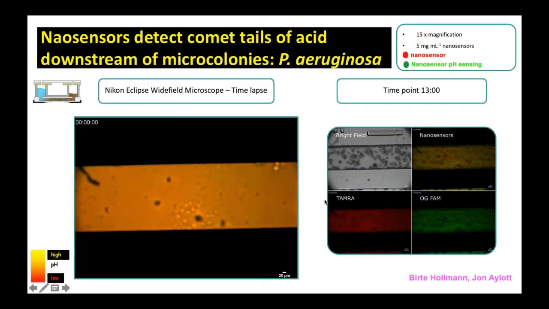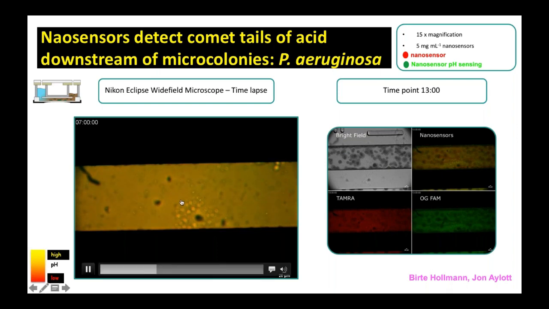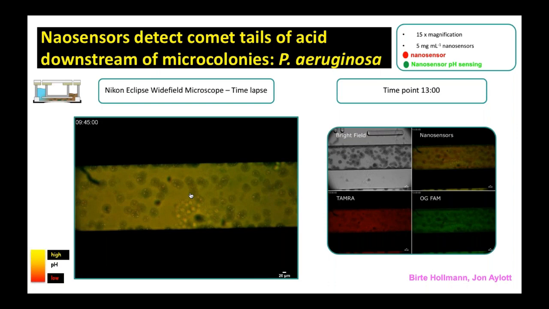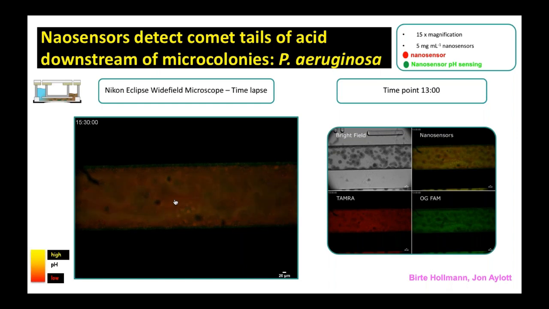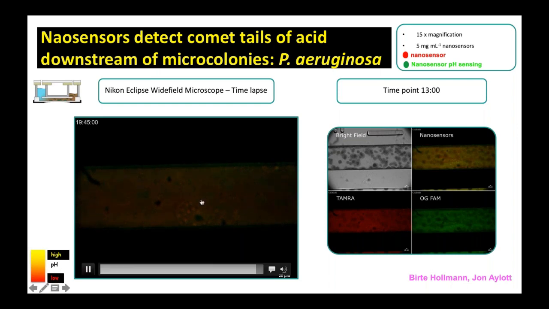So here's one of the videos, which has just started here on the left, and you can see it's yellow, and the nanosensors are there. So initially we're seeing yellow, and then as the microcolonies start to grow, you can now see, I hope, some spots appearing, which are getting progressively bigger, and the green colours are beginning to be seen. And if you look very closely downstream of some of these colonies, you can see a comet tail of red, and that is because there's a local pH change that is causing the nanosensors to show up the low pH locally.